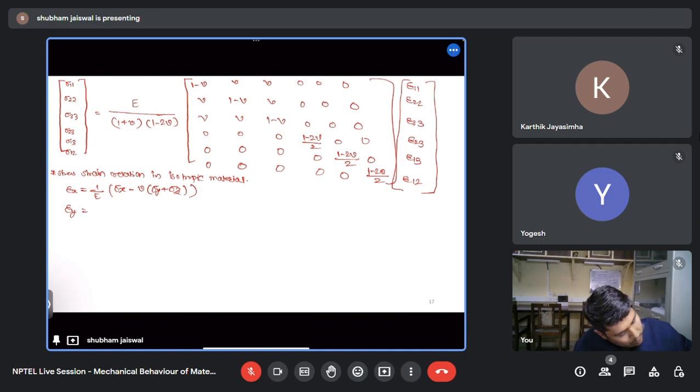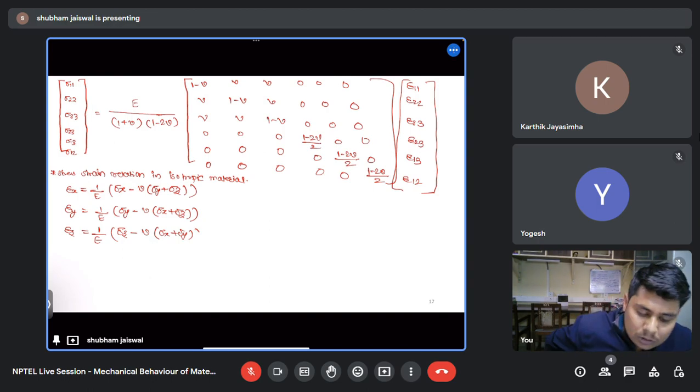Epsilon y is 1 upon E times sigma y minus mu times (sigma x plus sigma z), and strain in z direction is 1 upon E times sigma z minus mu times (sigma x plus sigma y). This is the stress-strain relation in isotropic material.